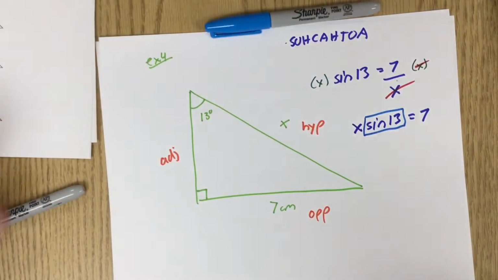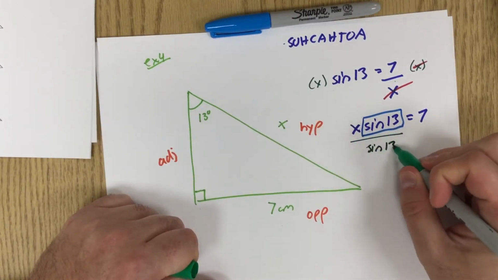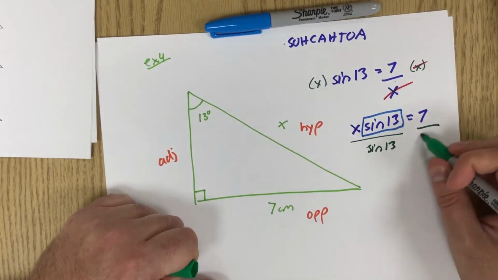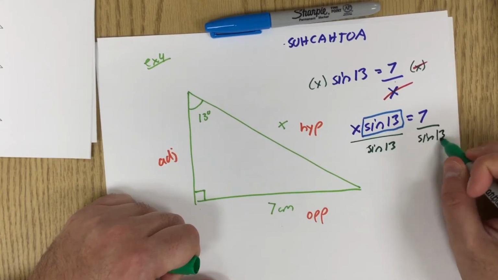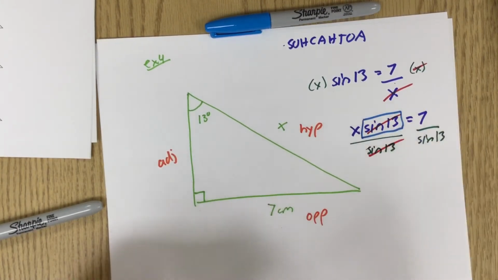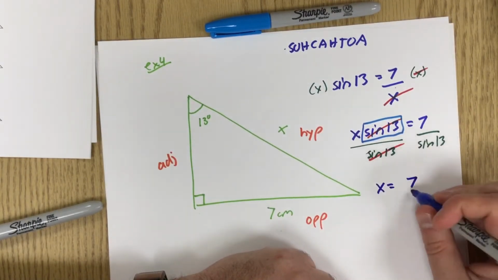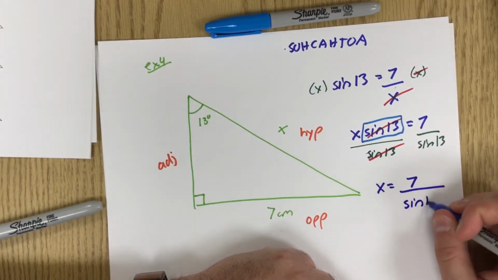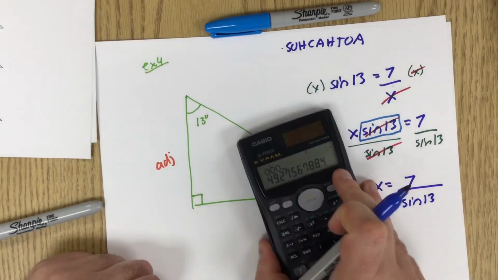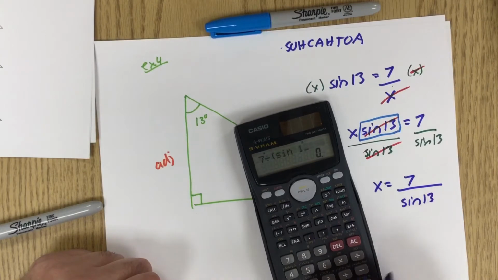What we're going to do now is divide both sides by the sine of 13. And then those guys cancel, and we get x equals 7 over the sine of 13. 7 divided by, in brackets, sine 13.